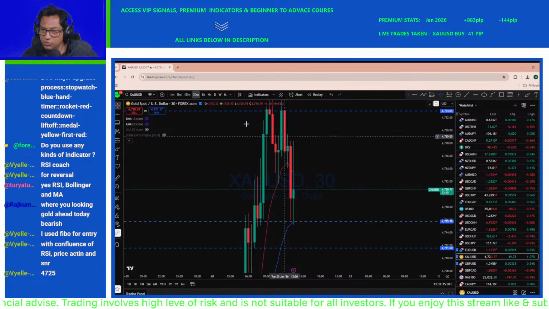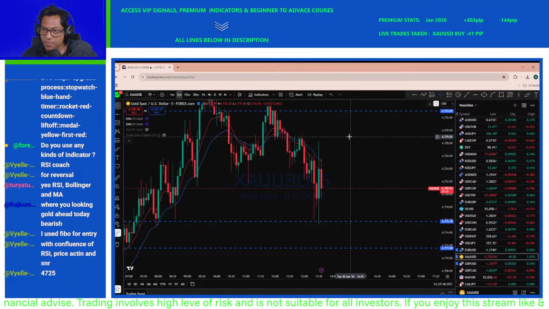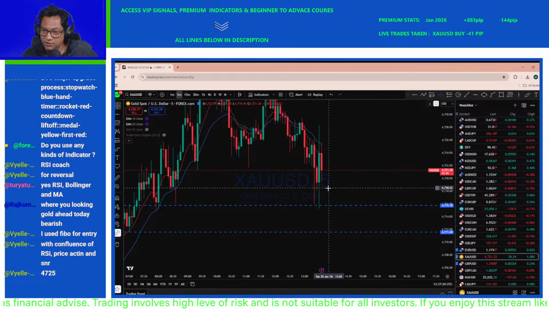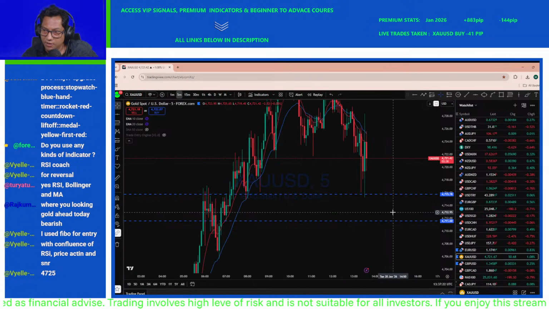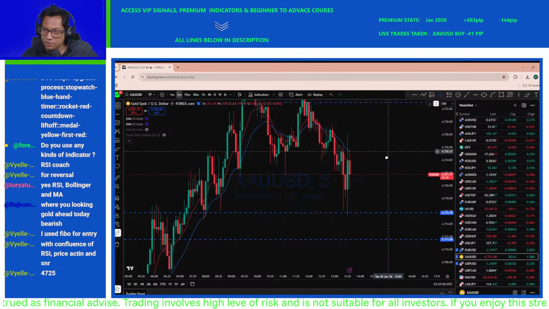It's still showing downside. It's very interesting to see that the market structure is still showing downside. There might be a further deepening.